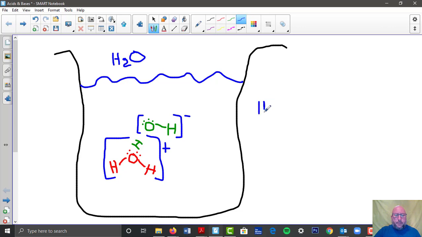So essentially what can happen in water is a water molecule can react with another water molecule, and this can reach equilibrium. So I'm going to put my double arrow here as best I can.